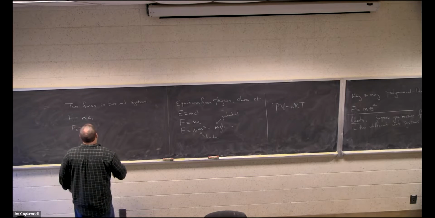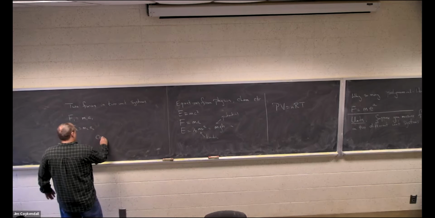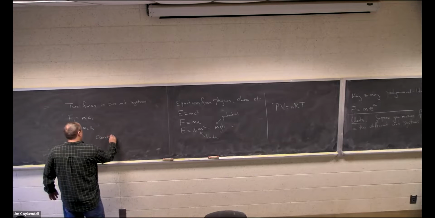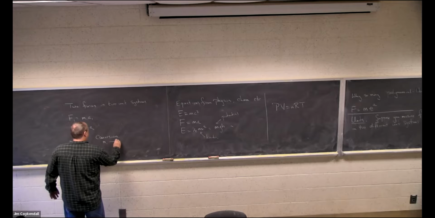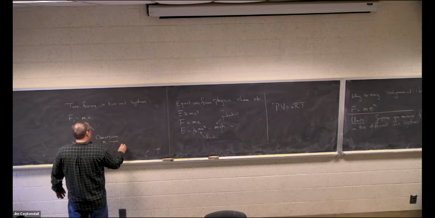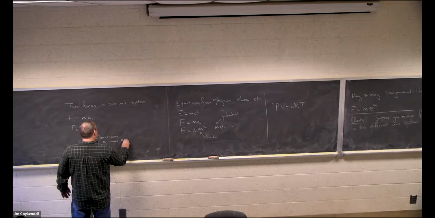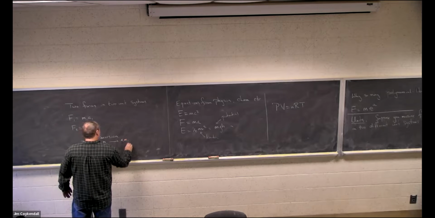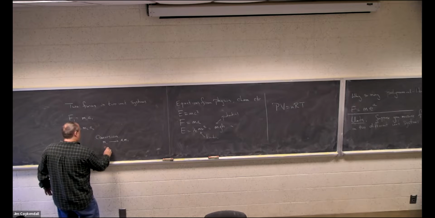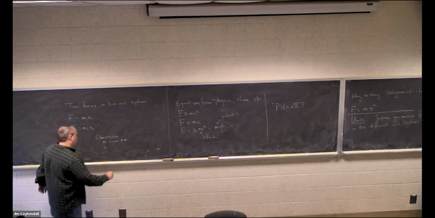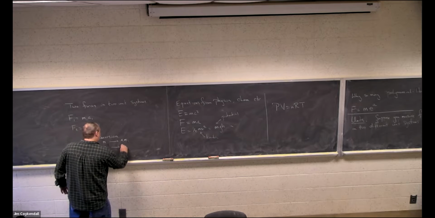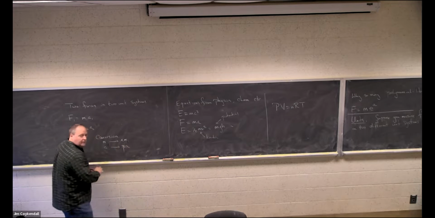So let's say that M1 goes to alpha M1 over here, and in general a mass goes to alpha times the mass, so you've got a constant, and acceleration goes to beta times the acceleration.